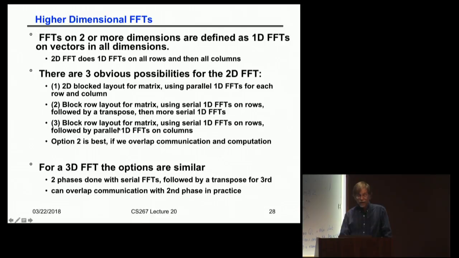And the third way to do it, and you can perhaps even imagine more, again, I start with a row layout, so every processor owns n over p rows, so I do all the row FFTs sequentially, embarrassingly parallel, and then I do parallel FFTs on the columns. So I have p-way parallelism on each column. It turns out that option 2 is going to be best.